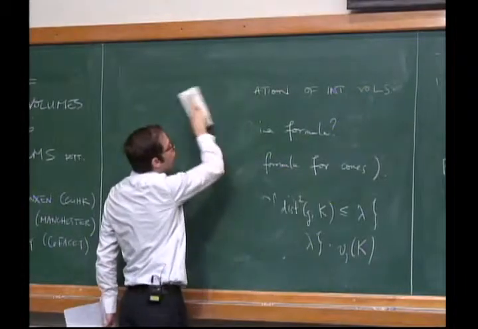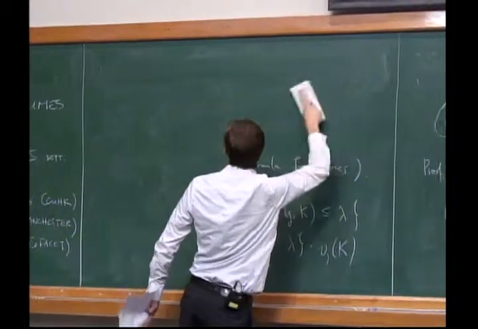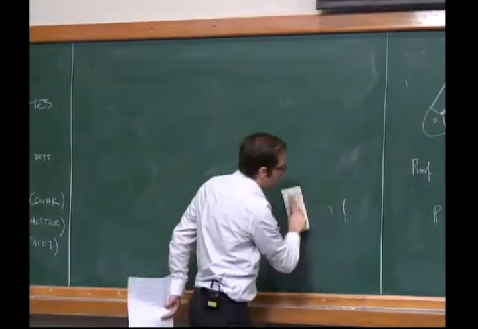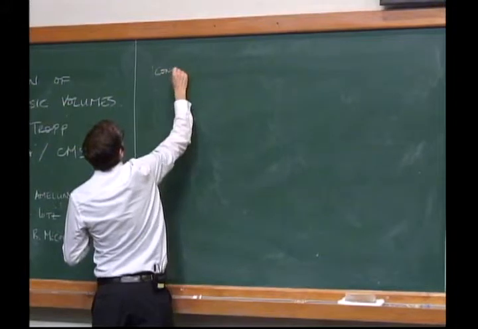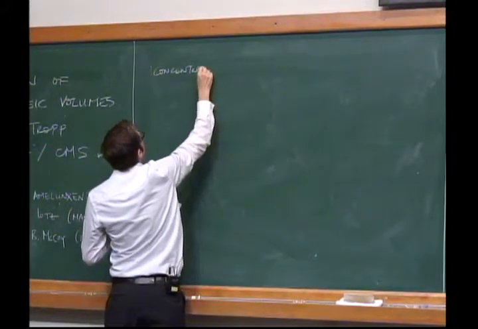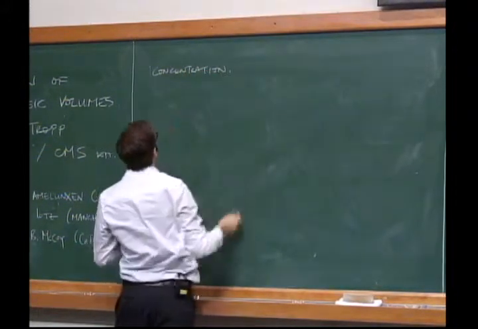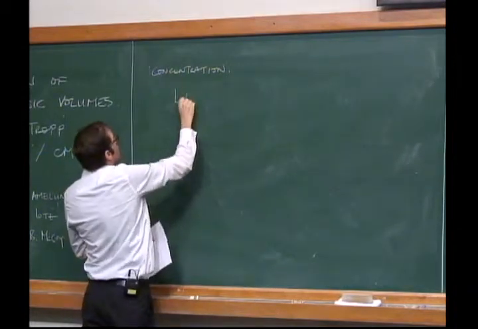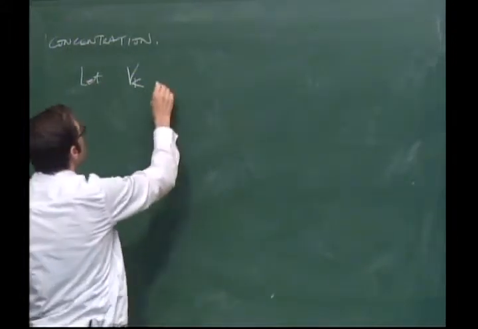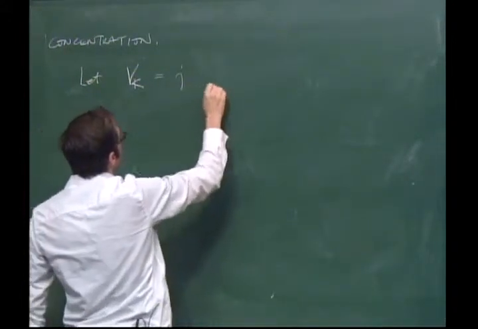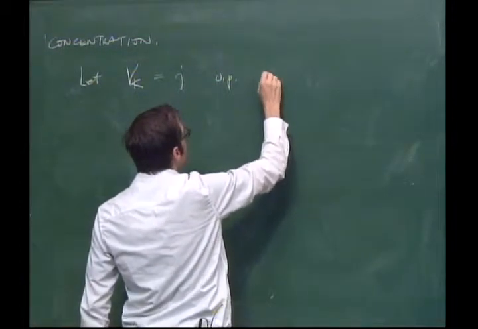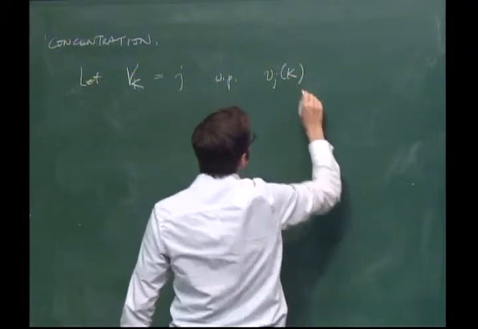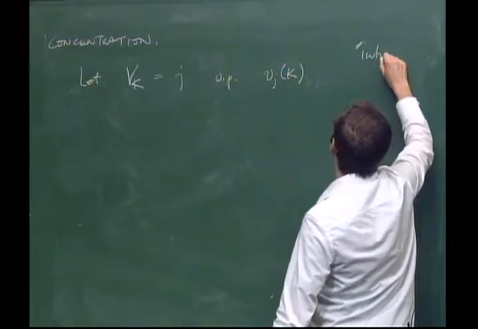And I'd like to explain quickly why that is, and then if we have a few more minutes after that, I'll tell you a little bit about why the Steiner formula holds. So we're going to introduce a random variable associated with the cone, which takes the value j with probability vj of K. So this is called the intrinsic volume random variable.